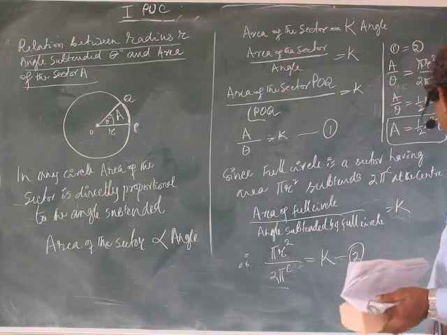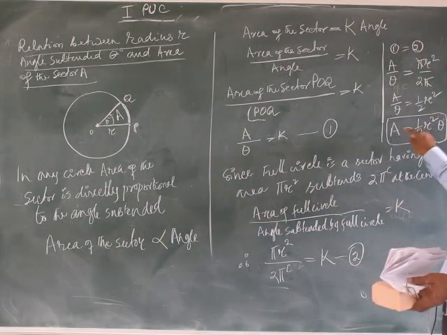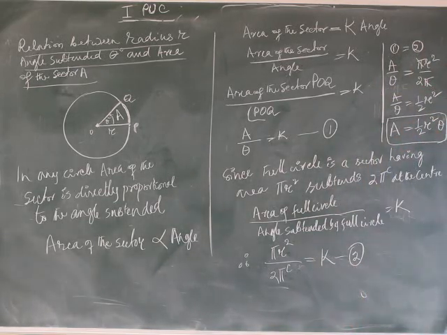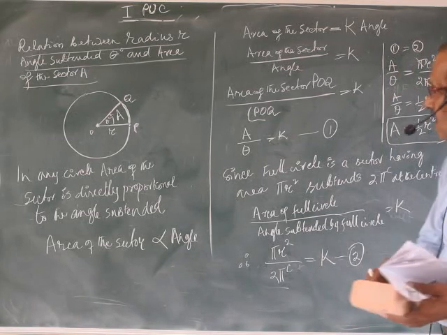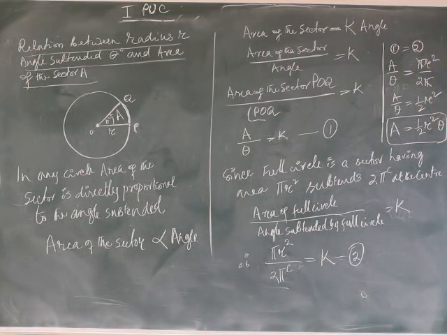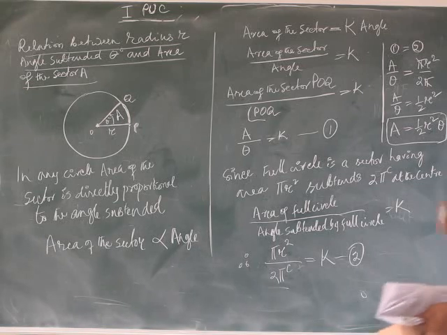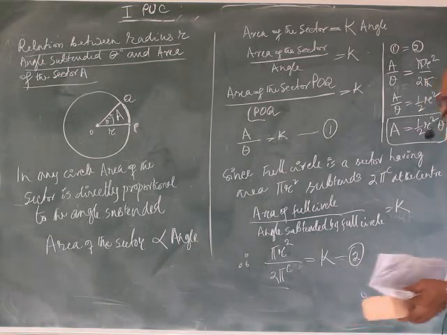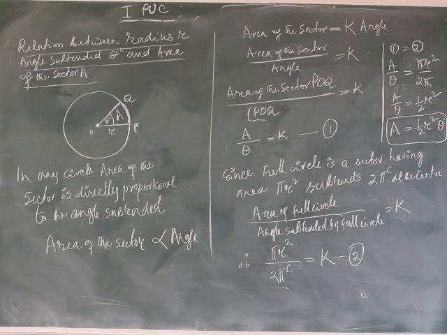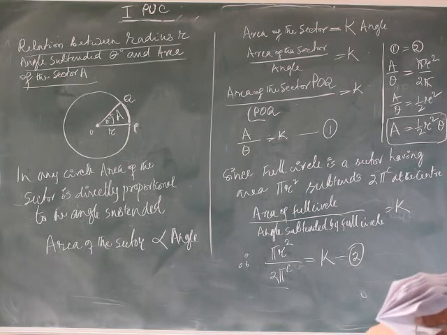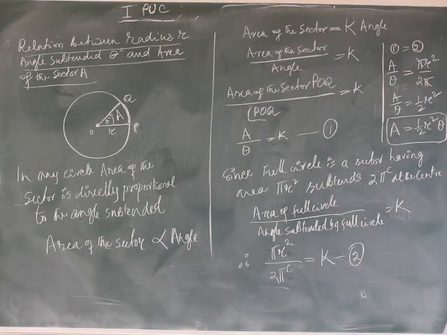Fundamental relation between area, radius, angle. Write the notes correctly without making any mistake. Don't skip any steps. Another relation between area, radius and angle is this. A equal to half r square theta.